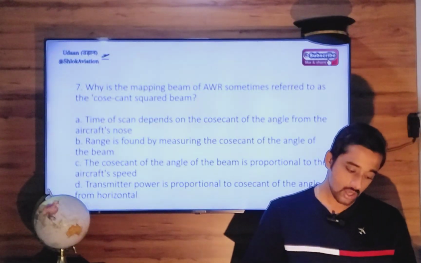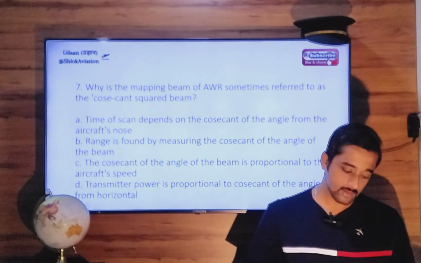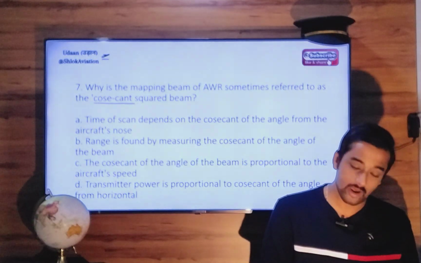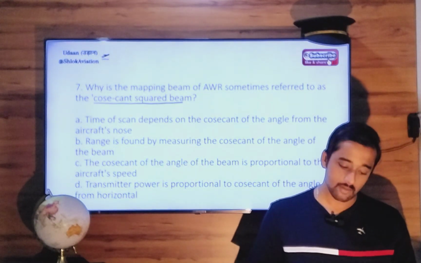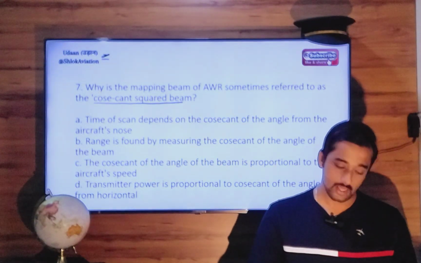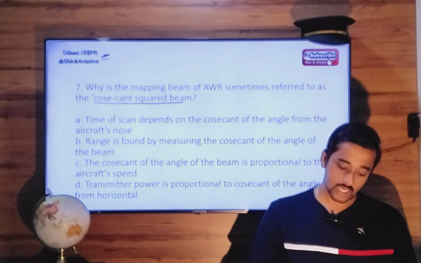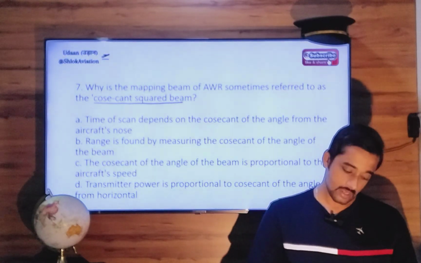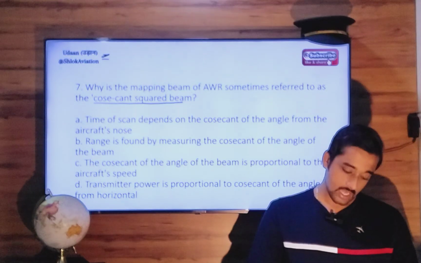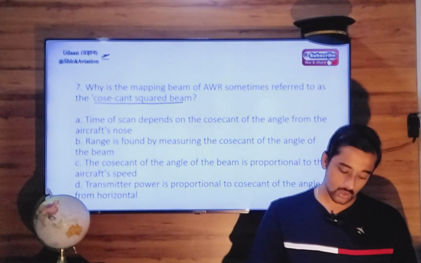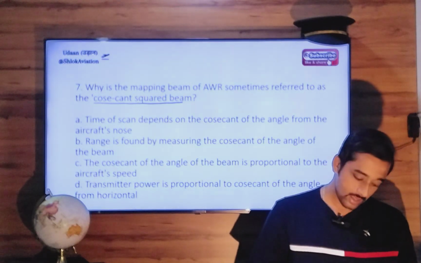Question number 7. Why is the mapping beam sometimes referred to as a cosec squared beam? Very important for your ATPL. The time of scan depends on the cosecant of the angle. Range is found by measuring the cosecant angle of the beam. The cosecant angle of the beam is proportional to aircraft speed. Transmitter power is proportional to the cosecant of the angle from horizontal. Now it's very important.